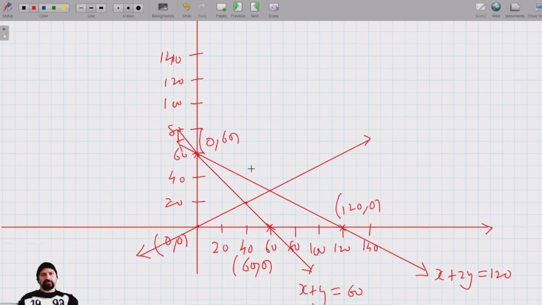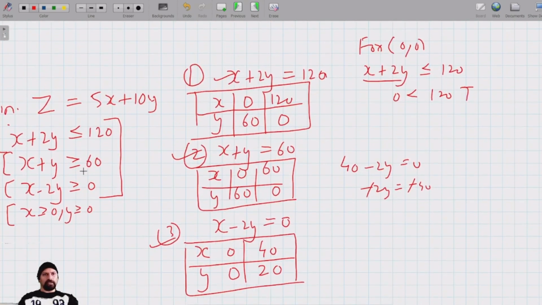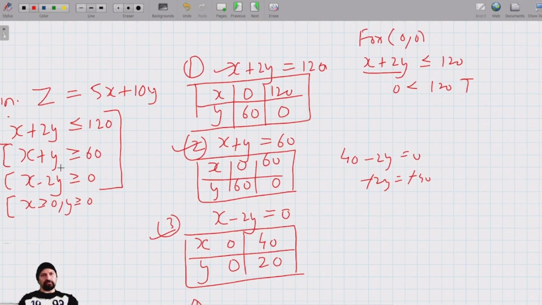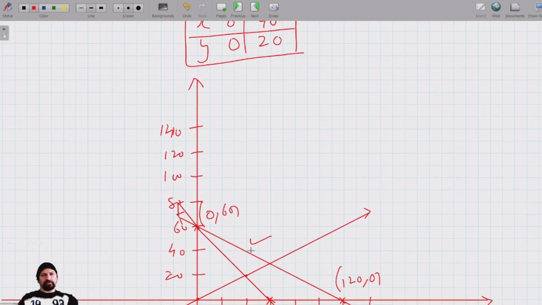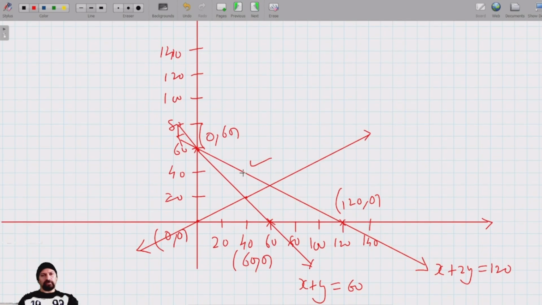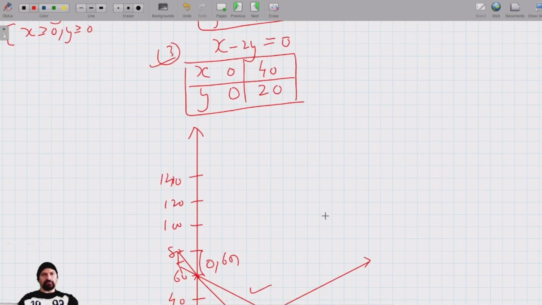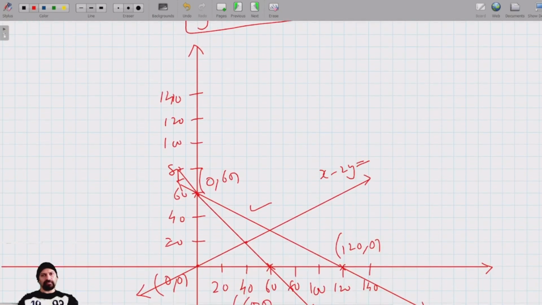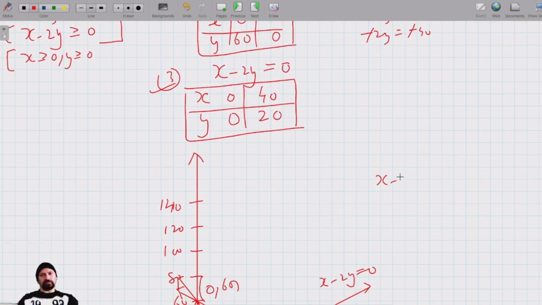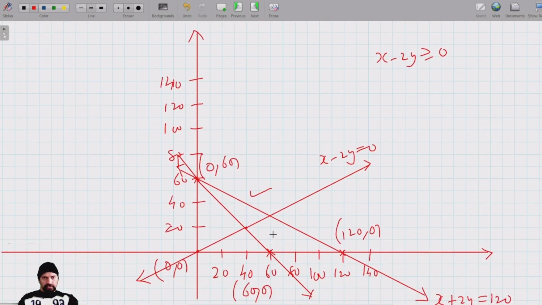Now for the inequality x plus y is greater than or equal to 60, if I check for 0 comma 0, this is false. So this has the solution region away from the origin. And this one is the graph of x minus 2y is equal to 0, and its inequality is x minus 2y is greater than or equal to 0. Let me take the point 60 comma 60.